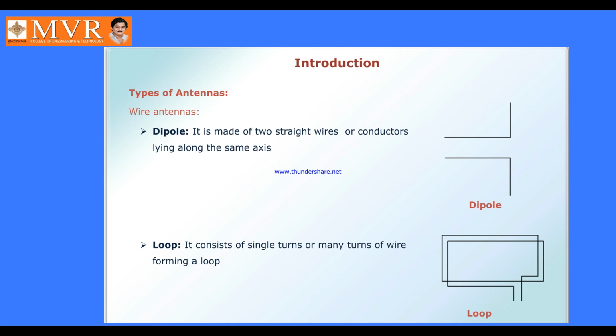According to the IEEE standard definitions of terms of antenna, it is defined as a means for radiating or receiving radio waves.